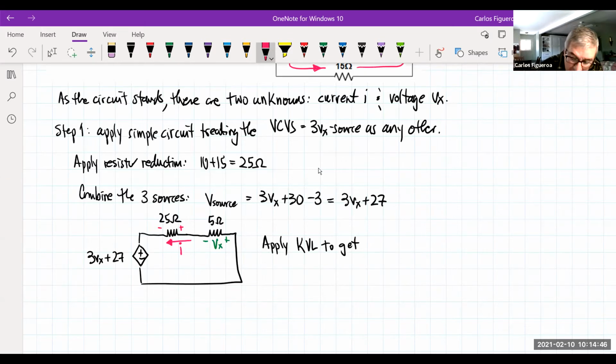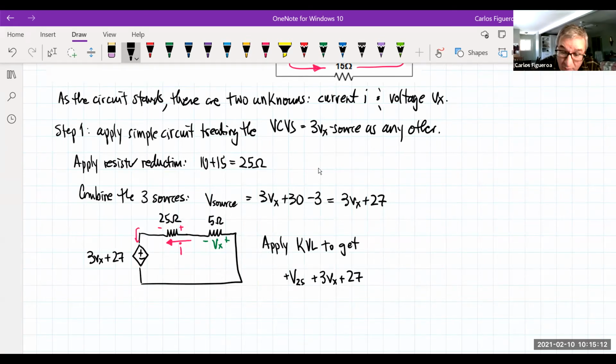As I go around this thing, I'm going through the 25 ohm. So this is really positive V25 ohm. I come all the way around and I hit the positive, so I get plus 3Vx plus 27.